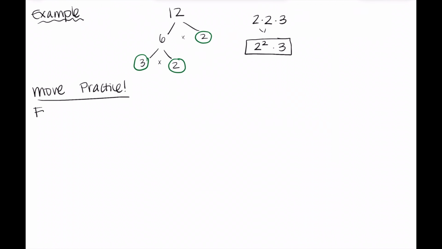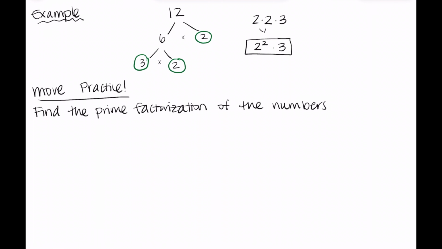So now that we've done just one general example to see what the process looks like, we're going to do some more practice. The directions that you might see for a problem like this could be like I'm writing below. We could just be told to find the prime factorization of the number that's given to us.